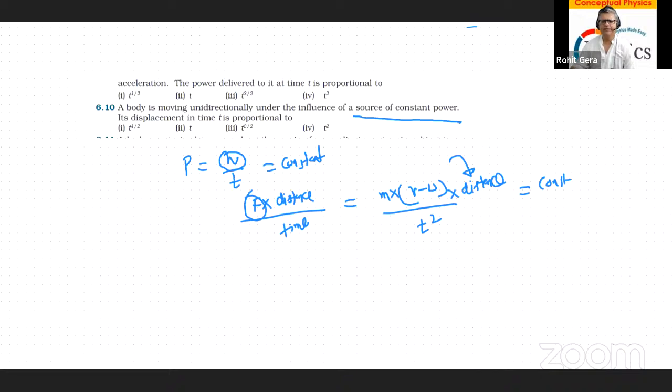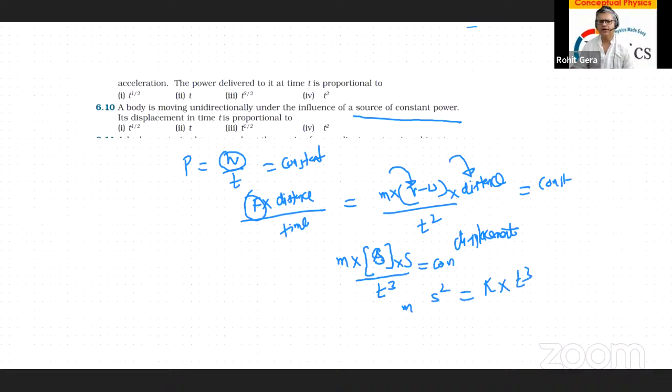So if I have to write displacement, how will I write displacement? And what is velocity, by the way? Velocity is also mass, ये change in displacement, मतलब change in position, displacement divided by time. So t cube, और ये भी s आ गया, ये constant आ गया. So m into s square is equal to some constant number into t cube. So s is equal to k by m. ये तो fixed है, constant of proportionality.